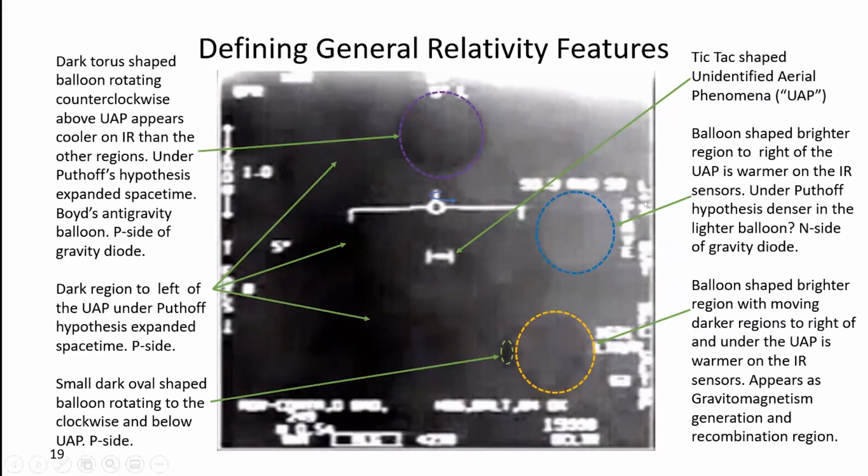And then I note there's this other region down here where we have both the darker and the brighter regions moving in and out, kind of oscillating. The hypothesis is that this is like in the semiconductor, where at the junction is what's called the generation-recombination region. Now, we'll see the importance of these denser space-time regions to propulsion in the next slide.